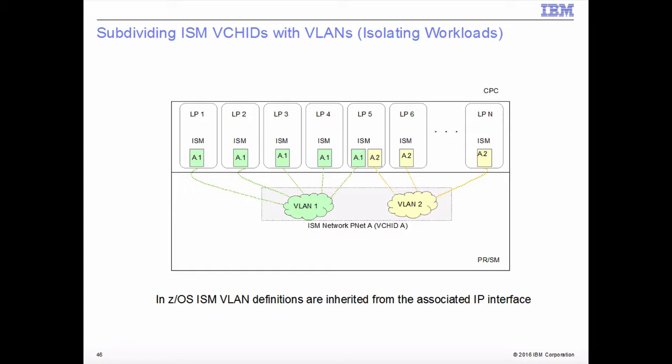The VLAN definitions are inherited from either your OSA or your HiperSockets. Whatever you're using for IP connectivity, we just adhere to the same VLAN rules, and we will separate your traffic on the same CHID using the VLANs from your IP connectivity. So basically you can isolate your traffic using VLANs on the same CHID, or if you go to the next chart, you'll see an example.